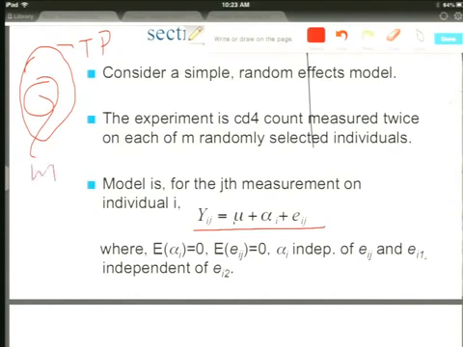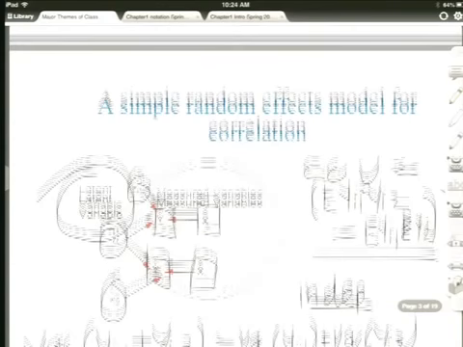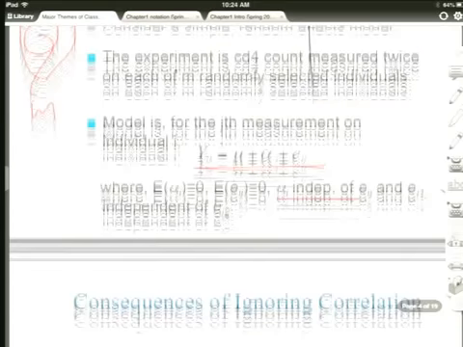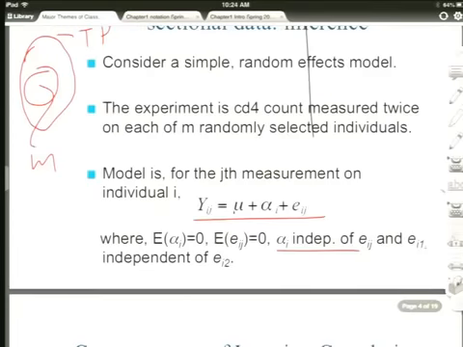And just like the last time, I'm assuming both of these have mean 0, and they're independent. You could infer this in my previous discussion because it was in the graph, right? If I go back, that was in my graph. You can see there's no arrow between these, implying that they're unrelated. So there's no correlation in them in this normal model. In this case, I'm not actually specifying that by a graphical model.